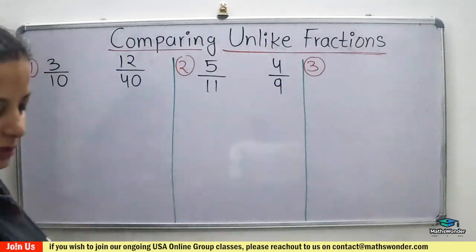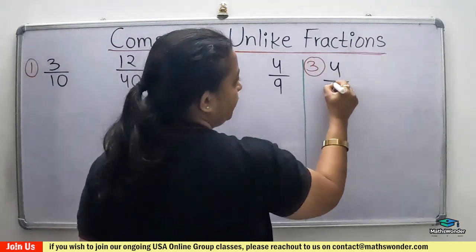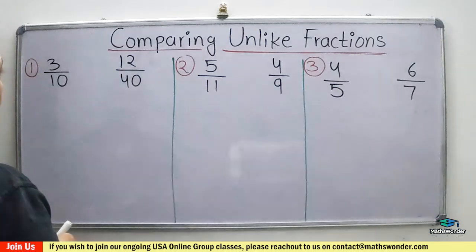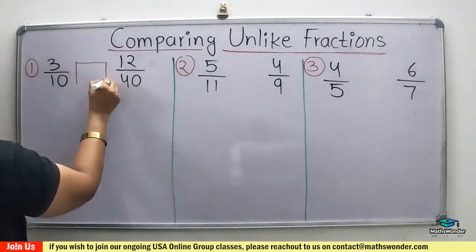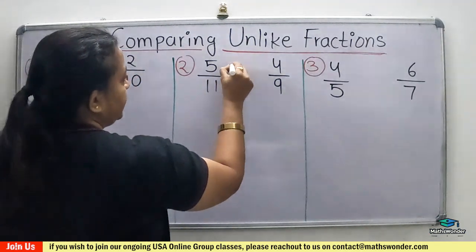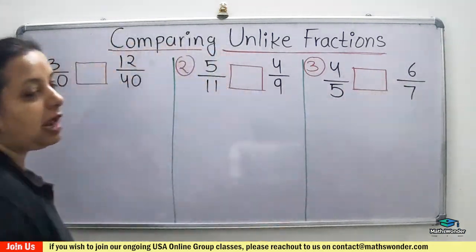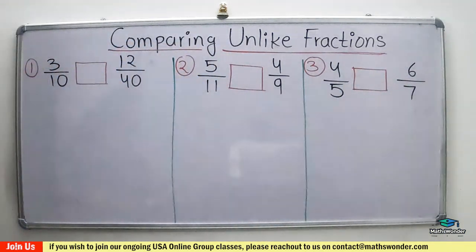The third is 4 over 5 and 6 over 7. Now we need to find the greater one between two. We'll use the cross multiplication method, which is very easy. No need to make the denominators the same. We just compare the two fractions.